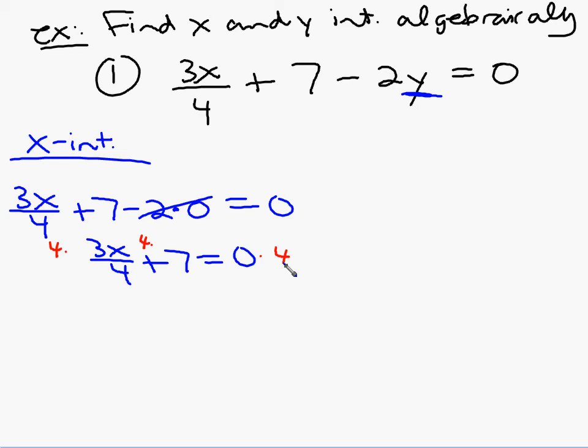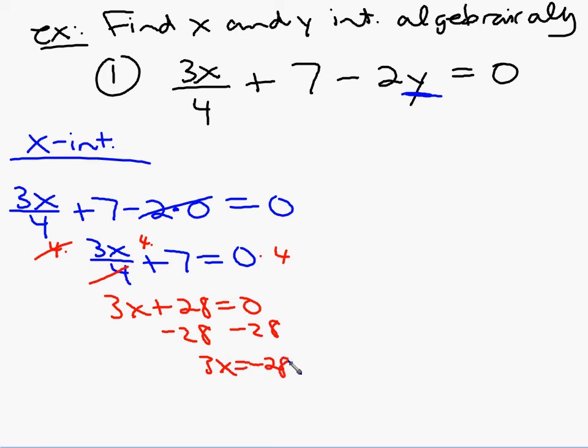Watch. Gone. So I have 3x plus 28 equals 0, and you finish solving it. 3x equals negative 28, x equals negative 28 thirds, and that is your x-intercept.